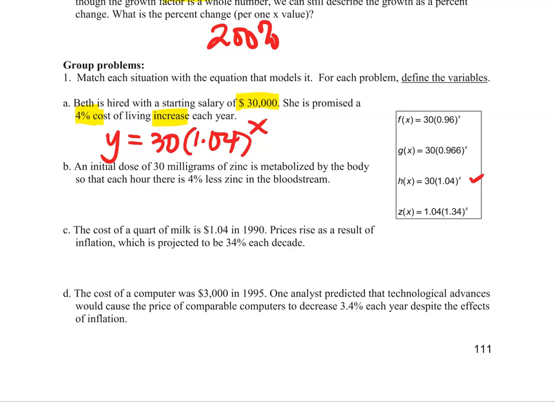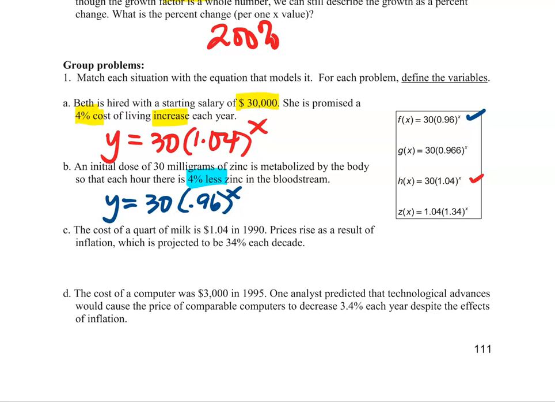Letter B, an initial dose of 30 milligrams of zinc is metabolized by the body so that each hour there is 4% less zinc in the bloodstream. So 4% less, we subtract that from 100 and that is 0.96 raised to x. So this one.